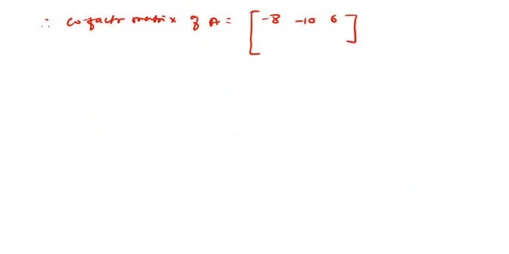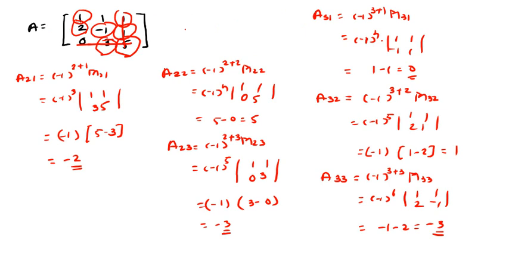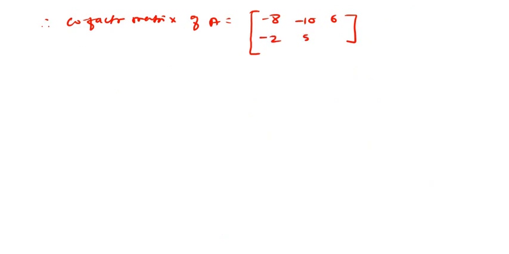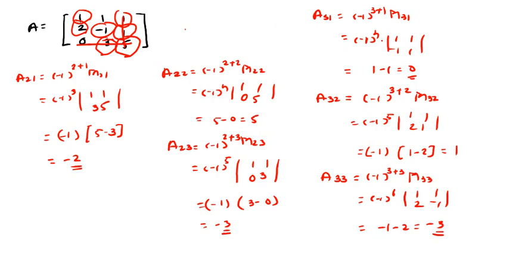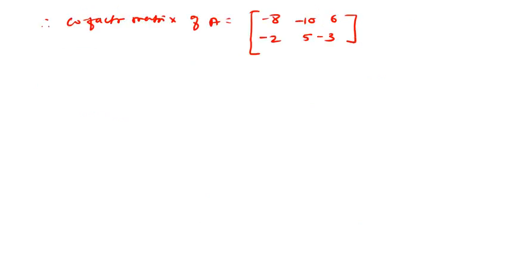Then the entries A21, A22 and A23 are -2, 5 and -3. And the entries A31, A32 and A33 are 0, 1 and -3. And this is how we find the cofactor matrix.